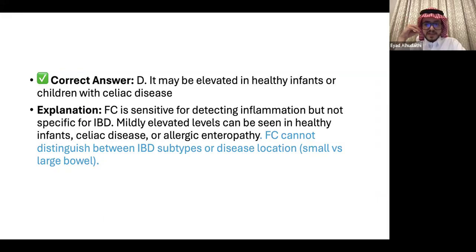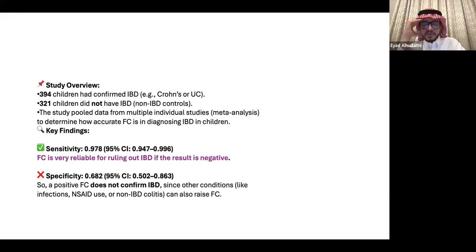In a study of almost 400 IBD patients with 300 controls, the results showed that sensitivity was high, reaching 97%. So it's a very sensitive test, but not very specific.